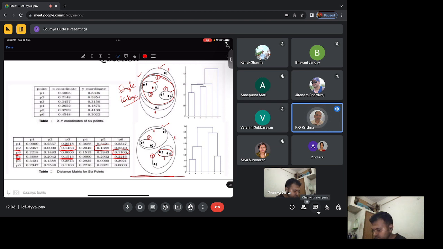The only thing you have to remember is that whenever you are finding the distance between 2 clusters, you will always need to follow complete linkage, single linkage, whichever is specified. It will require a bit of bookkeeping, but apart from that, it is not very complicated.